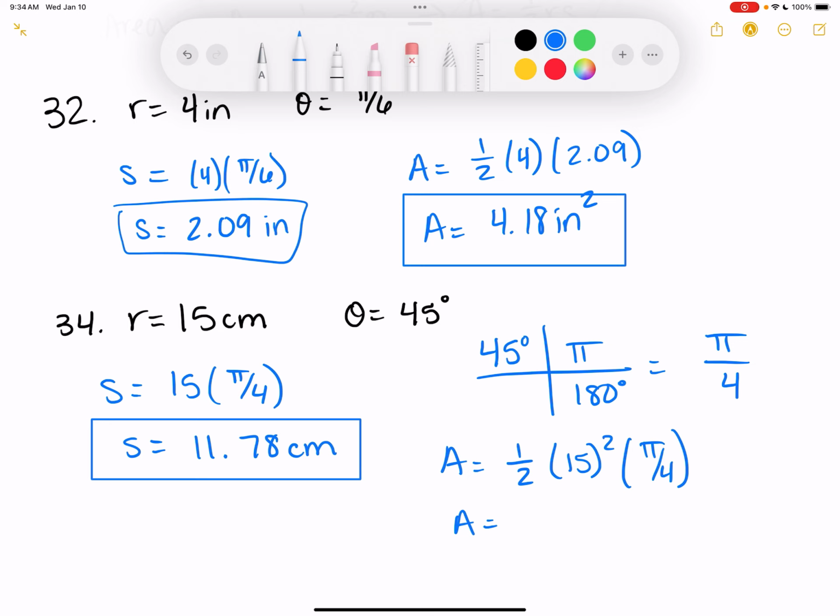36, r is 18 meters, and theta is 25 degrees. So 25 is not a known value off the unit circle, so I do need to actually set up the little table. So this is going to be 5 pi over 36.